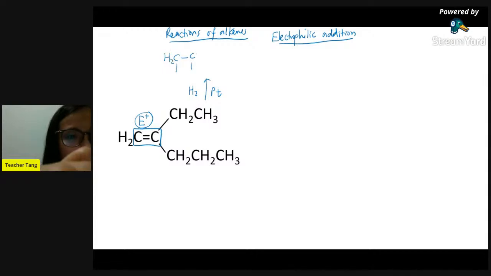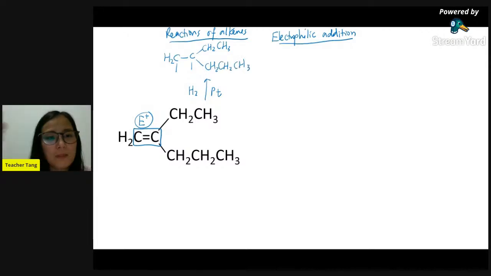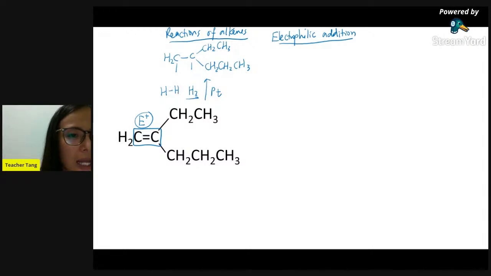The rest will not change. Only the carbon-carbon double bond will become the single bond, and your electrophile, the hydrogen atom, will be added at each side. In this one, your electrophile is hydrogen, therefore the name of this reaction is hydrogenation.